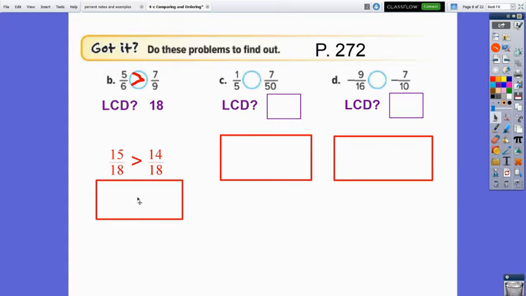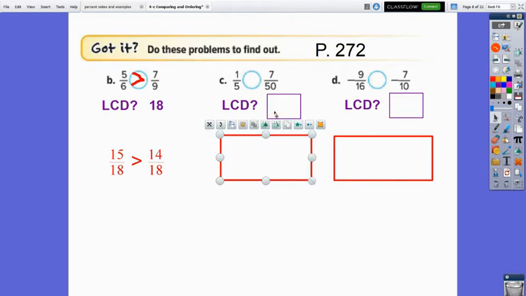5 and 50 should be pretty clear what the common denominator would be, because 5 goes into 50. So I can convert this fraction to 50ths. 1/5 is the same as, so the common denominator is 50. 1/5 is the same as how many 50ths? Multiply both the top and the bottom here by 10.